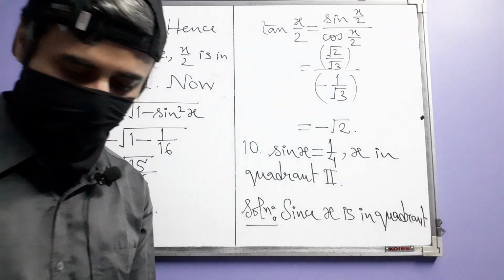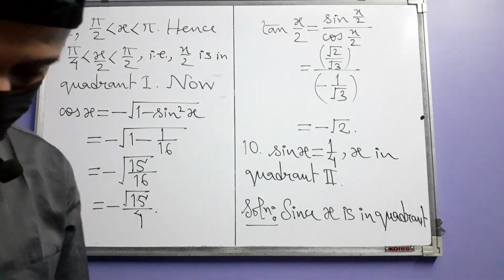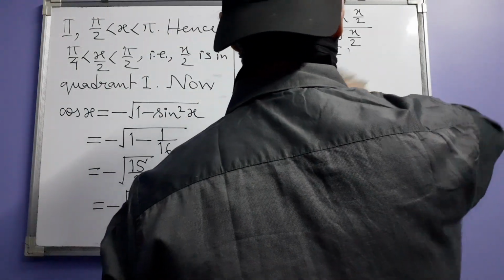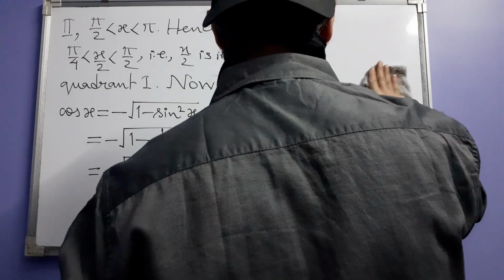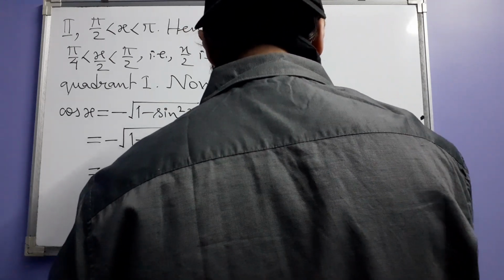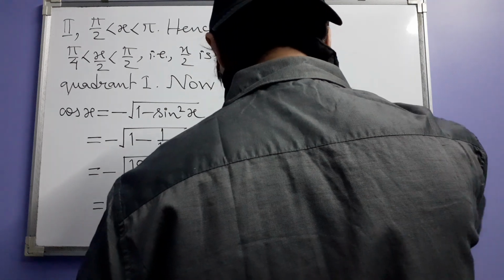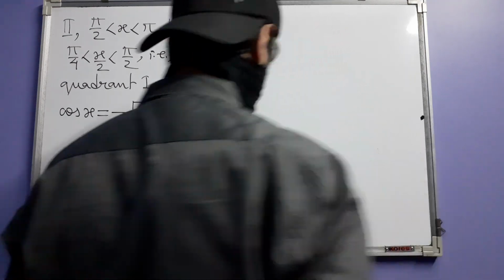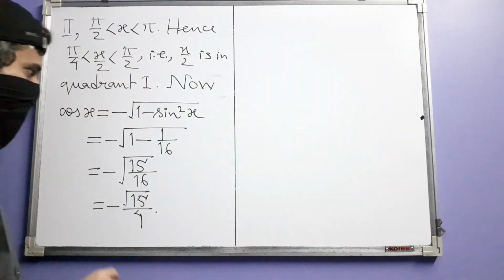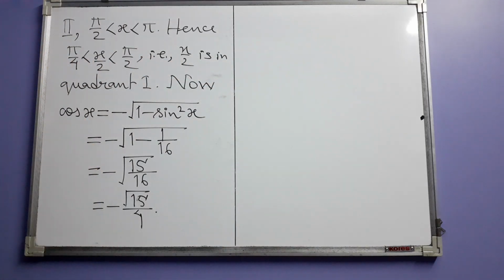Alright. So now what we do, we apply the half angle formula to cos x.